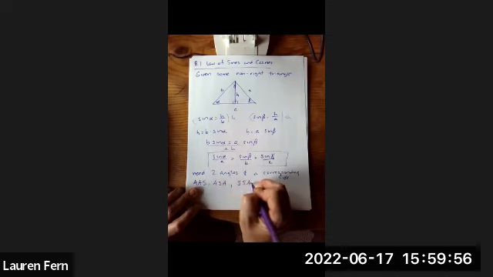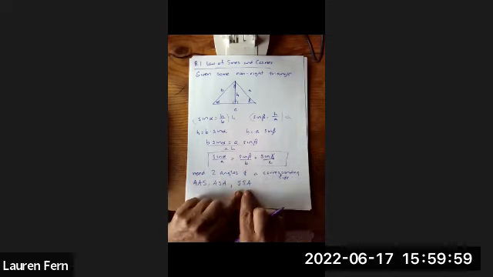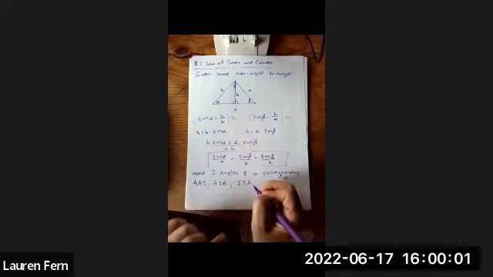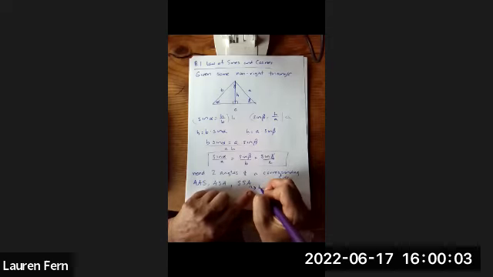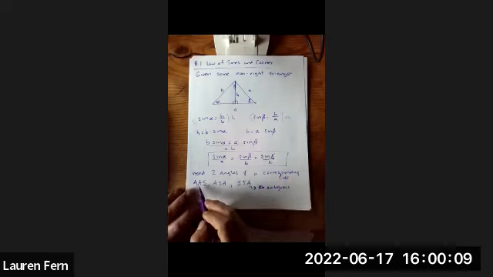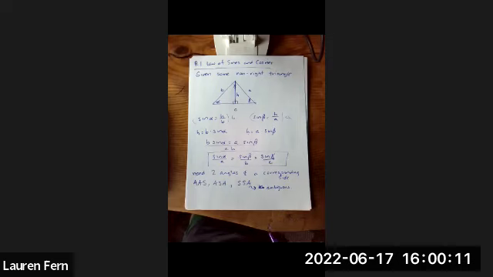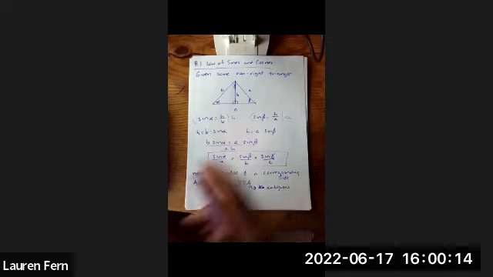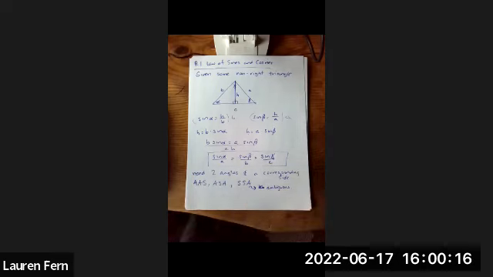And the biggest pain situation is side, side, angle. I am just telling you that we call this one the ambiguous case. When you have angle, angle, side or angle, side, angle, you're going to be able to solve this pretty fluidly, get one solution, and life is pretty good.